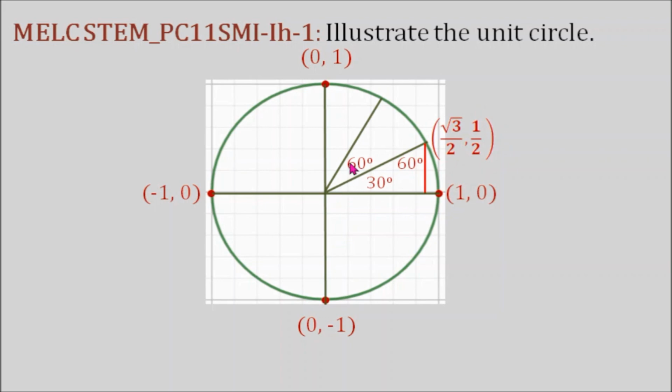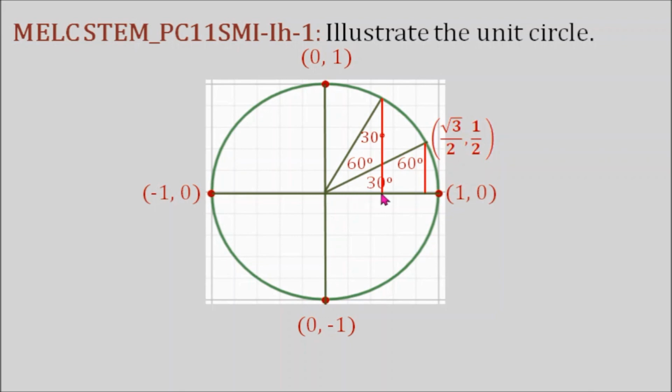How about if our angle measures 60 degrees? So again, if we are going to drop a line from this point to the x-axis, we have a 90-degree angle here, and that means this angle measures 30 degrees. We still have a special right triangle, a 30, 60, 90 right triangle.